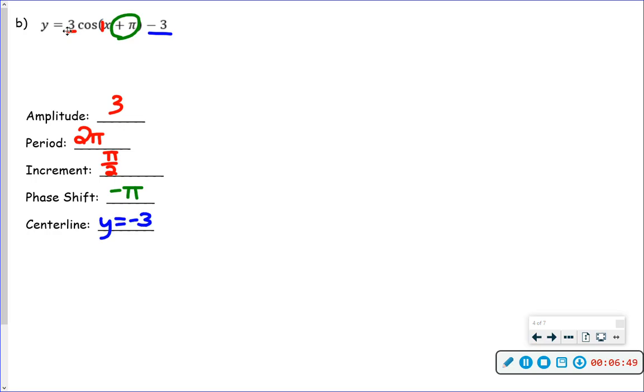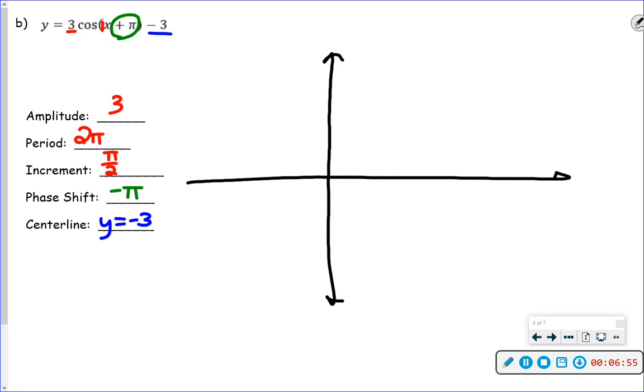So here we go. So again, I'm going to set it up. Draw my x and y axes. Okay. So the first thing I'm going to mark on here, of course, is my new center line, down at negative 3. 1, 2, 3. I'm going to put a little dash center line on here. Try to draw neat, but well, you know my drawing skills.